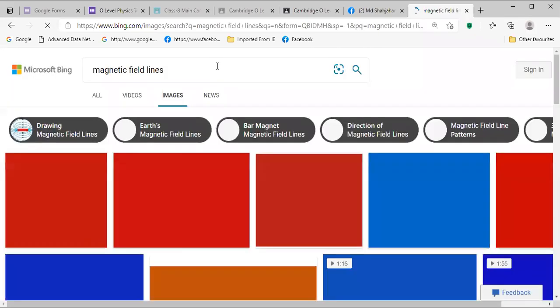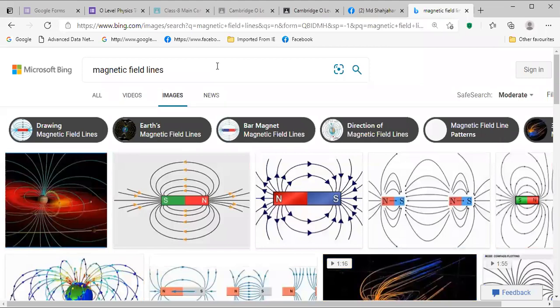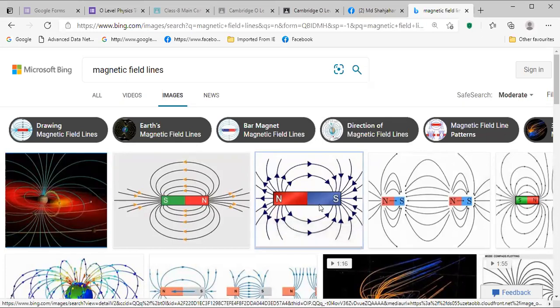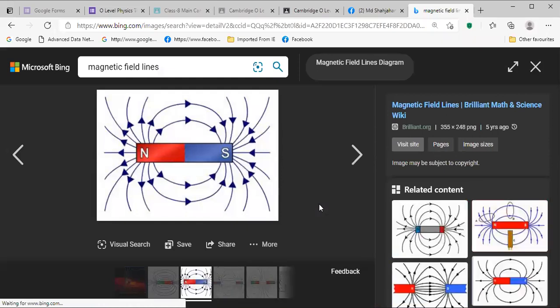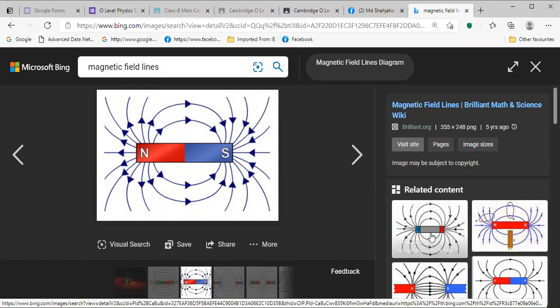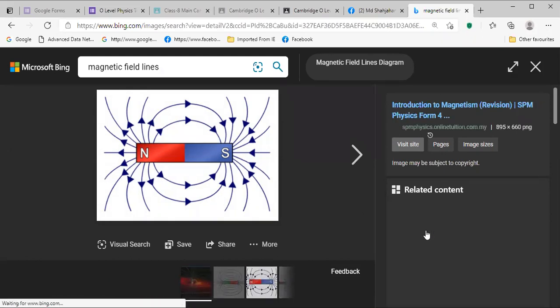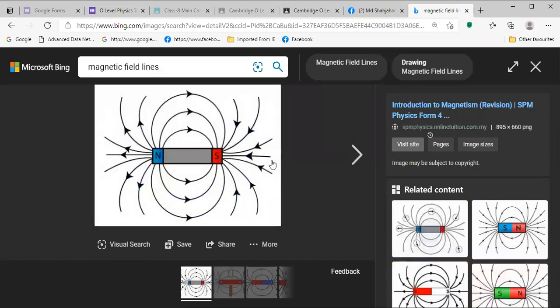How to draw? Okay, so you see magnetic field lines. Are you seeing, everyone? This one is much better. You draw this one.